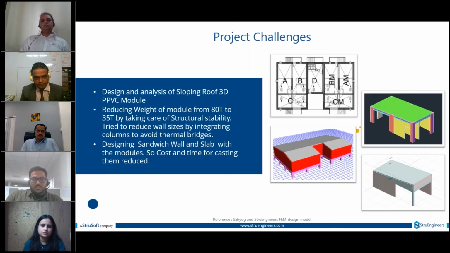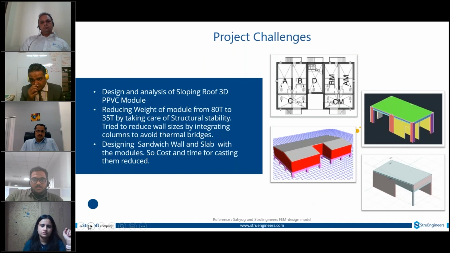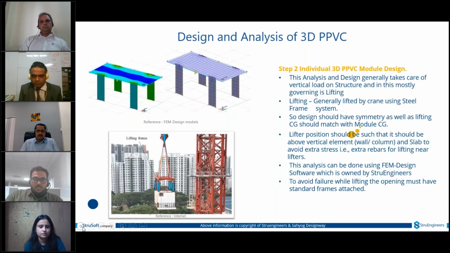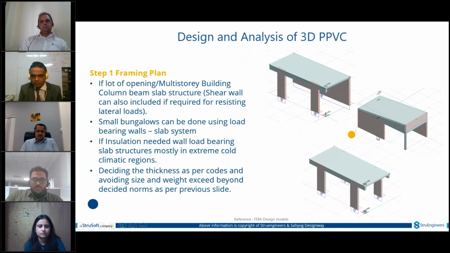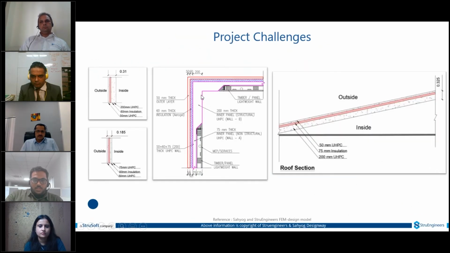We had to design it as a combination of slab, column and beam, all three structures which I mentioned in the framing plan in this slide. All this we have included in it. The columns were included with a local thickening we give. Here, if you see the screen, this is a kind of column.